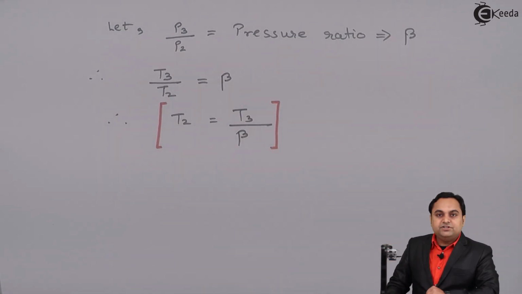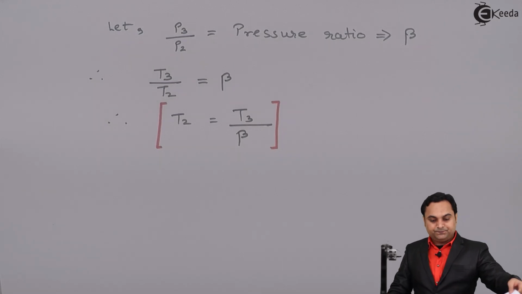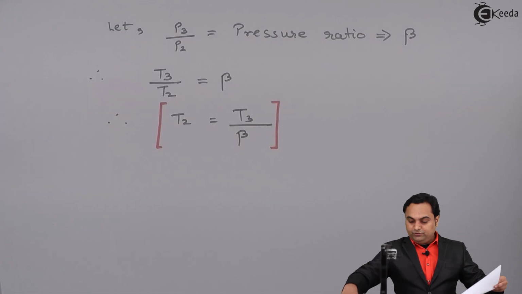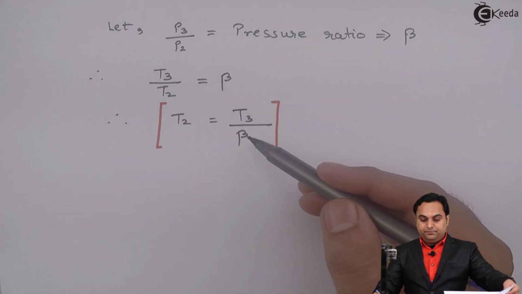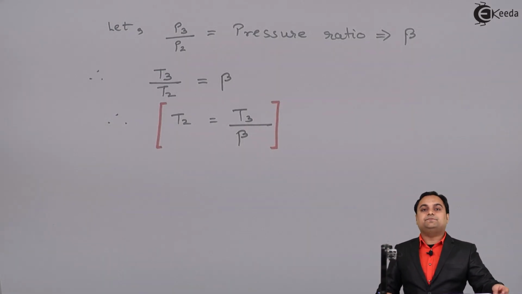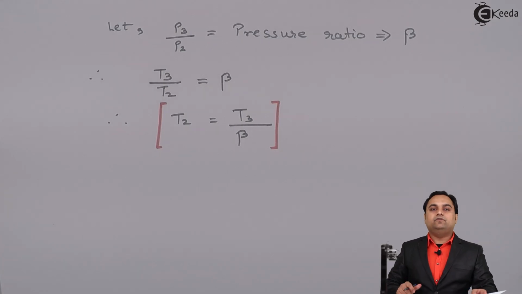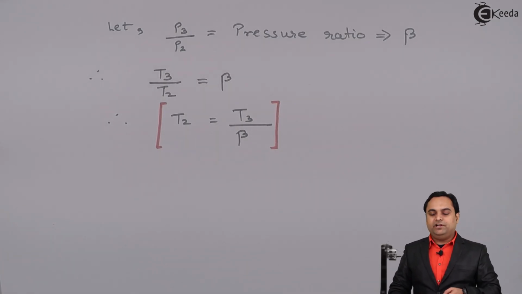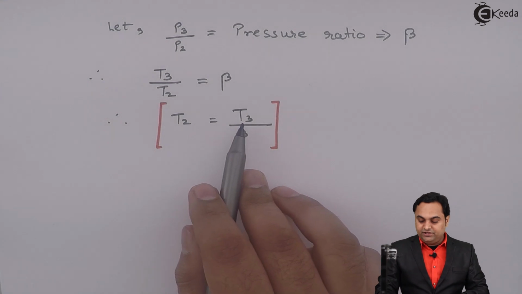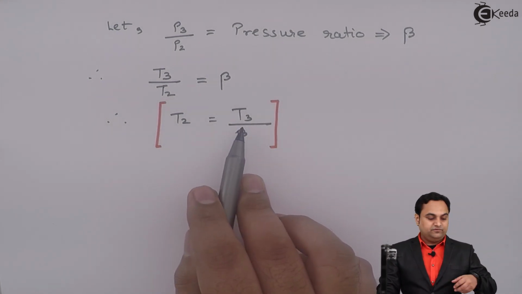After reaching this stage, I have got the value of T2 as T3 upon beta, and as I have explained, in case of the dual cycle we have to bring all the temperatures in the form of T3. Now T2 is there in the form of T3.